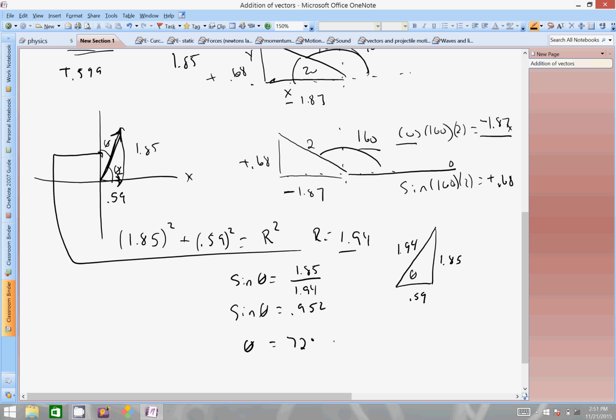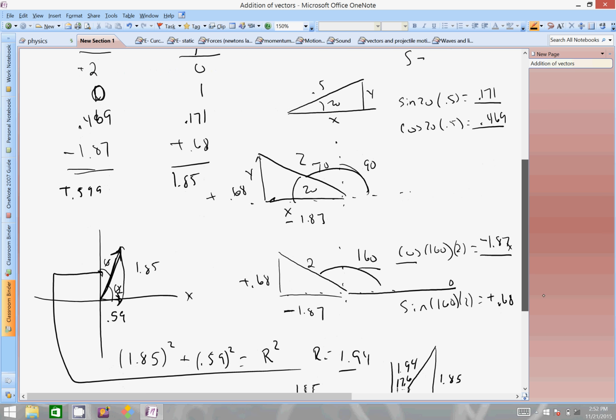So this angle right here is 72 degrees, and this side would be 17.6 degrees. There's some rounding there that I missed. So this thing has a magnitude of 1.94 units of length, and it gave it as miles.